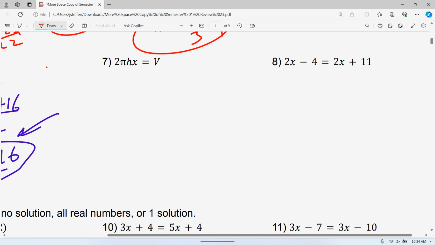We're trying to get the, so 2 times pi times h, since you're multiplying all those together, we can divide by all those in the same step. 2 pi h. With v over 2. Then I say, okay, now we need to divide by pi. So divide by pi.